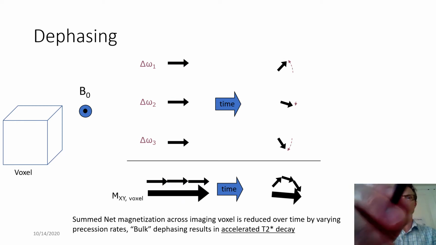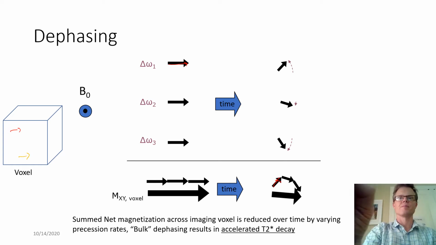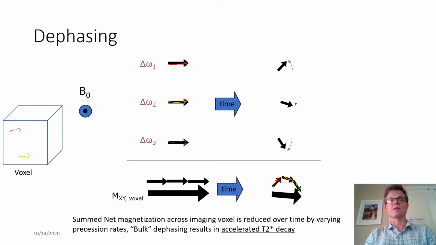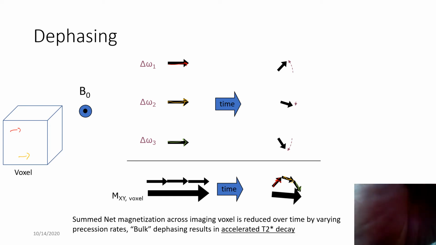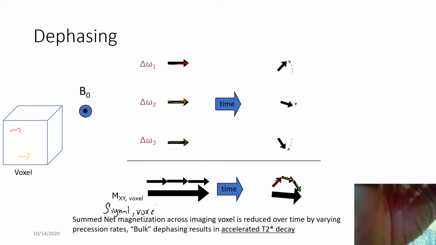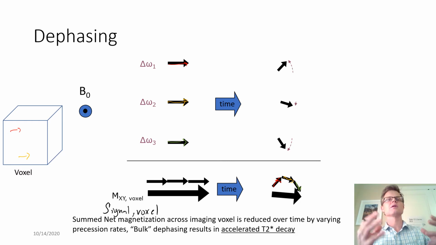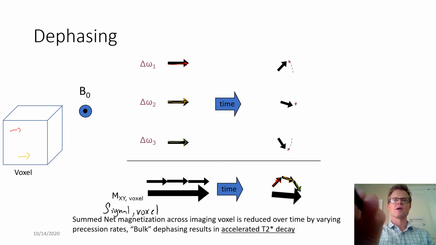Okay, so this is a repeat of that picture. Let's just annotate our different components here. It could be from different places in the voxel. And the transverse magnetization across the voxel is in fact our signal within a voxel, because this voxel is the smallest element of space that we can actually measure in our image.